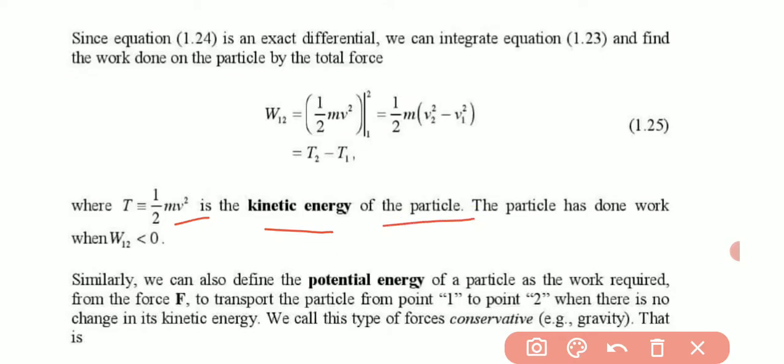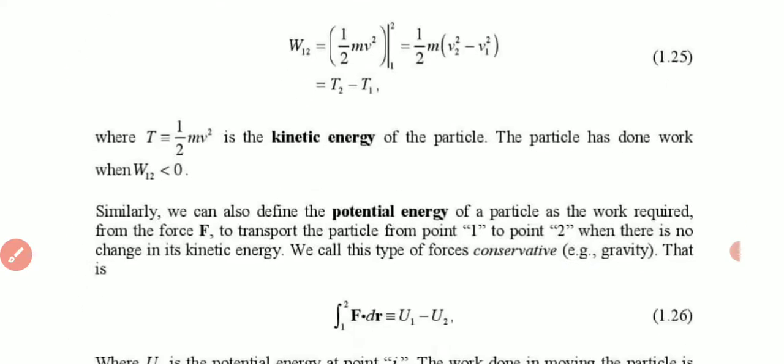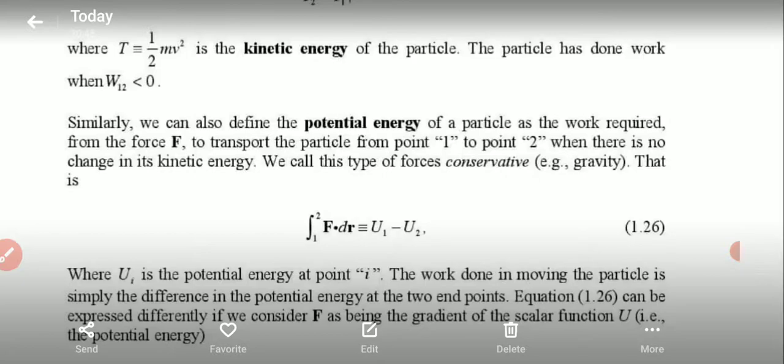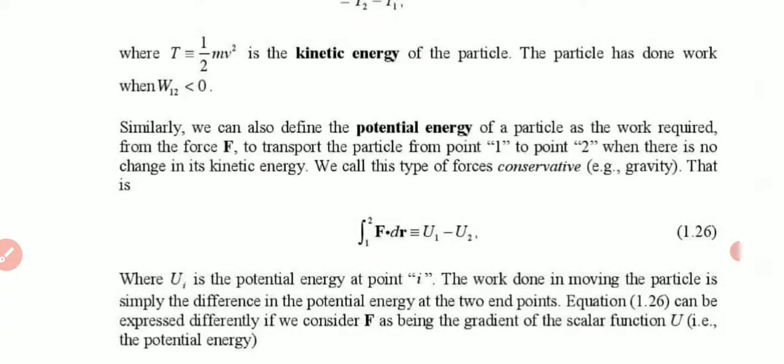The particle has done work when W12 is less than 0. Similarly, we can also define the potential energy of a particle as the work required from the force F to transport the particle from point 1 to point 2, when there is no change in its kinetic energy. We call this type of force conservative, for example gravity.